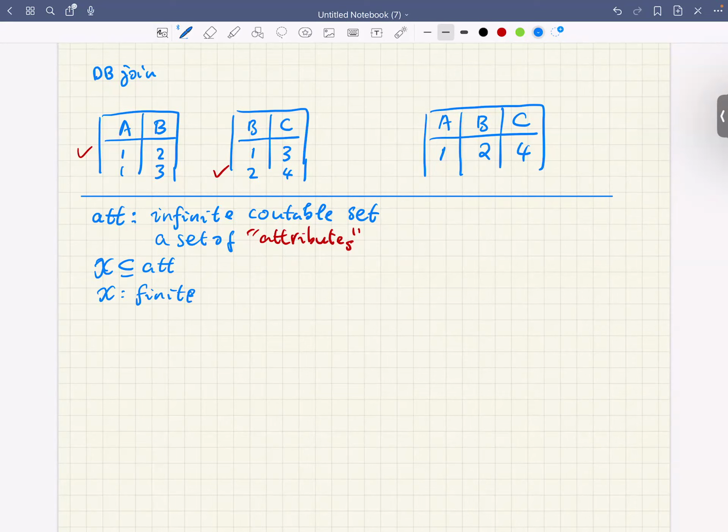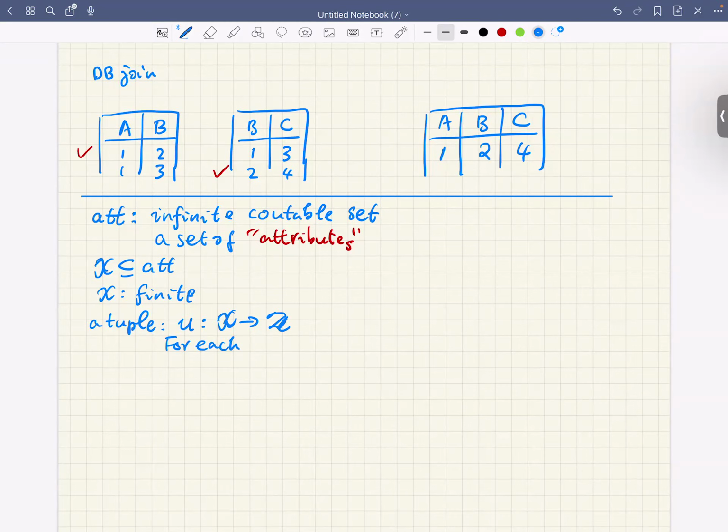And then a tuple, now pay attention here. A tuple is formally defined as a function, a function from this attribute set X to the integer domain.